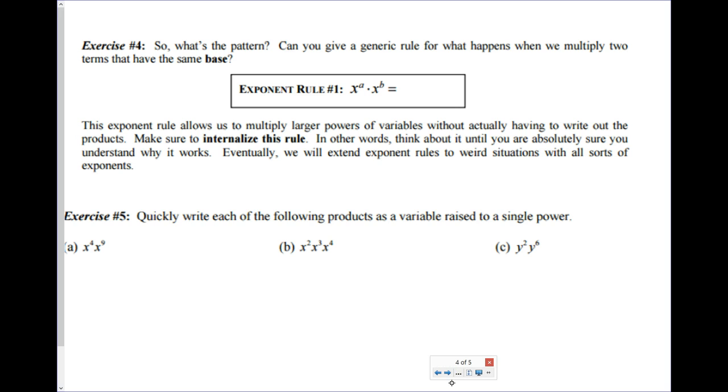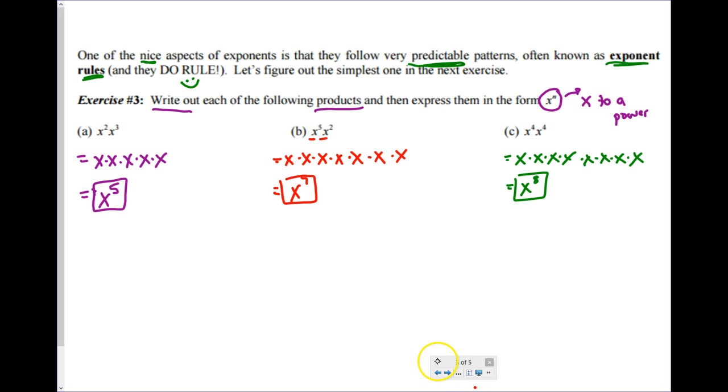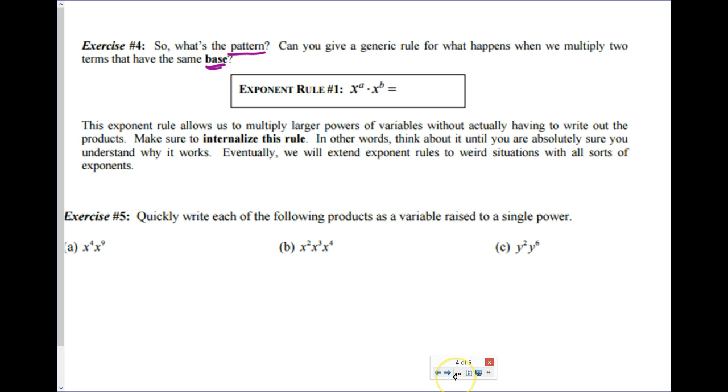We should be able to see a pattern here. What is that pattern? Can you give a generic rule for what happens when we multiply 2 terms that have the same base? Now notice, if we go back to these problems, see how A, B, and C all have the same base of x? That's important. This only works if they have the same base.